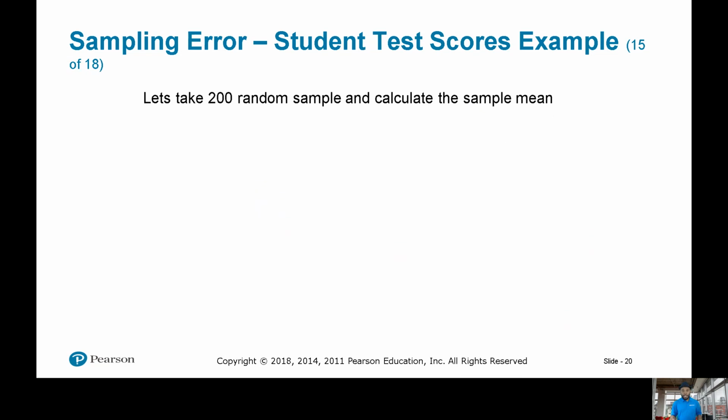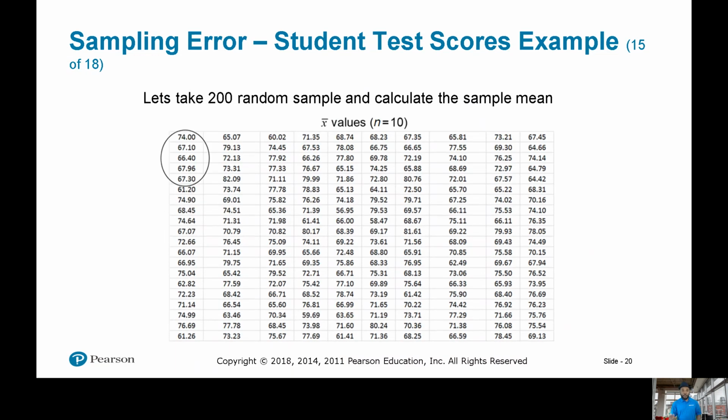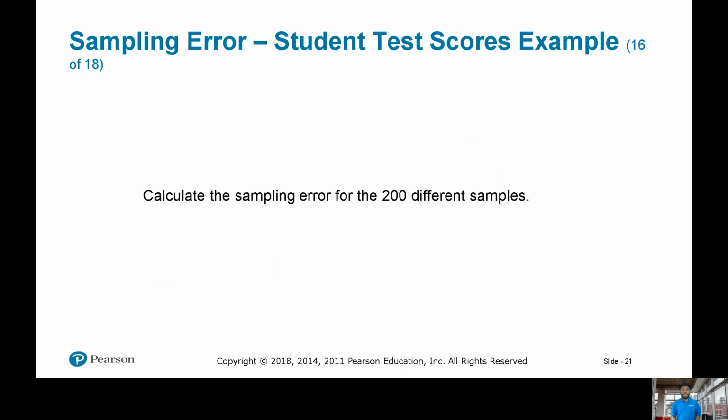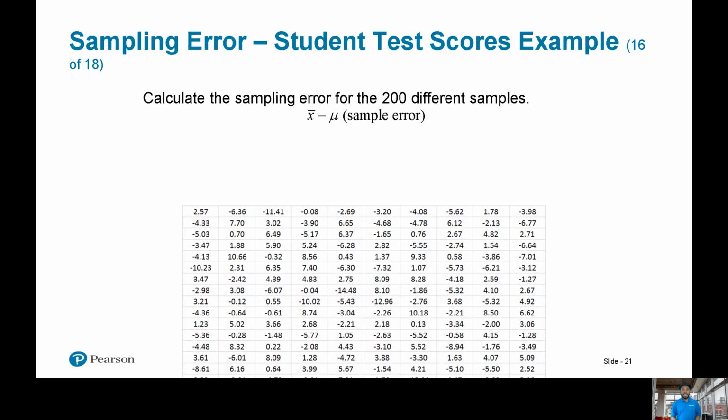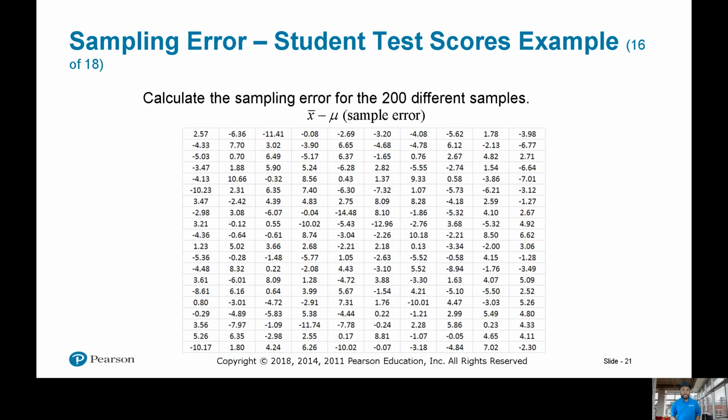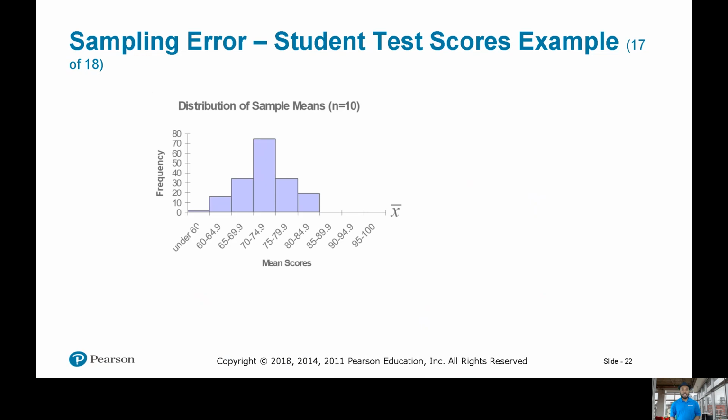Now let's run a simulation of 200 random samples and calculate the sample mean. Here is the sampling error, and you can see there's that fluctuation. However, when we look at the distribution, it looks normally distributed. You can fit a bell-shaped curve around it.